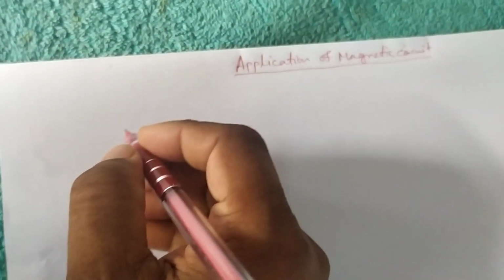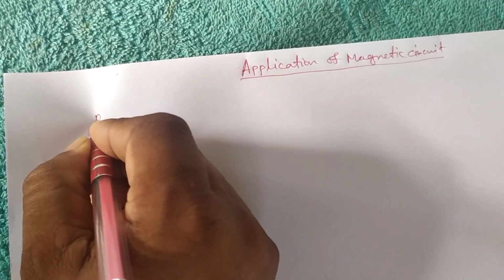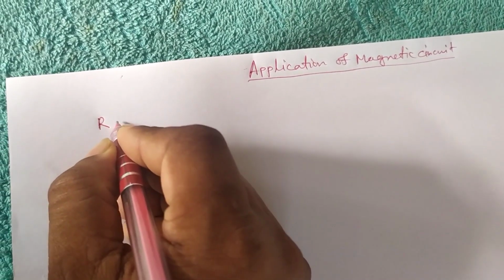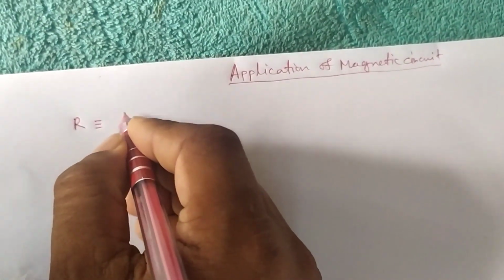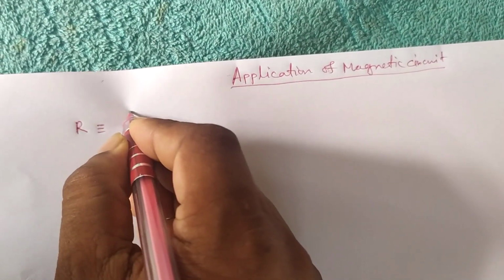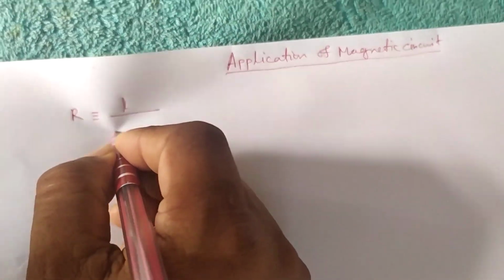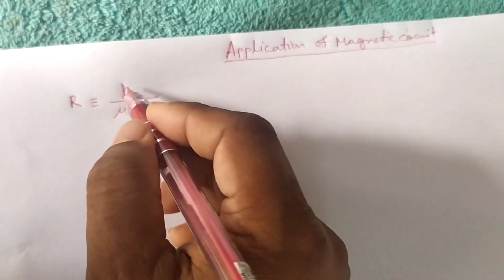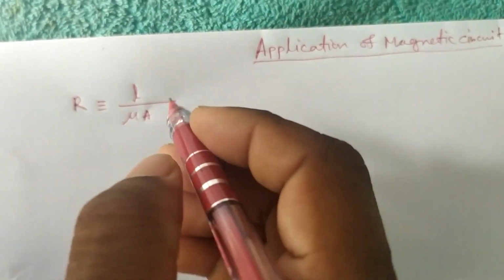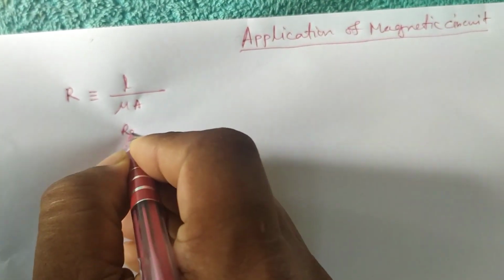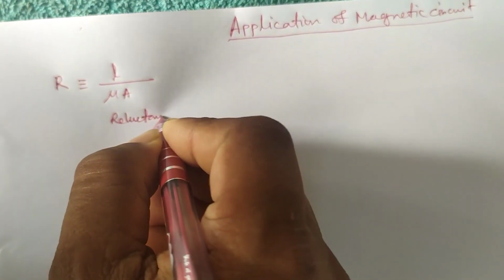Just recalling the fact that in an electrical circuit, the electrical resistance is equivalent to reluctance, and it is given by L by mu A. The entire quantity is called reluctance.